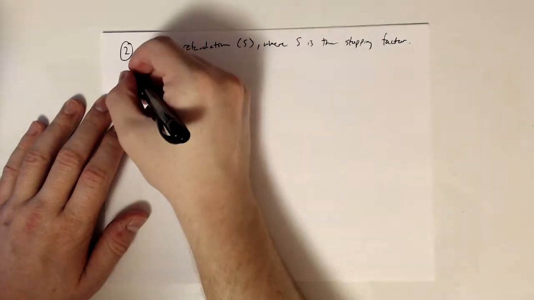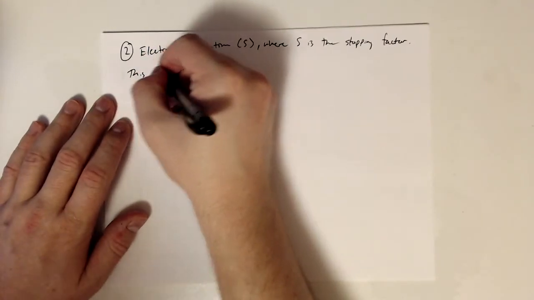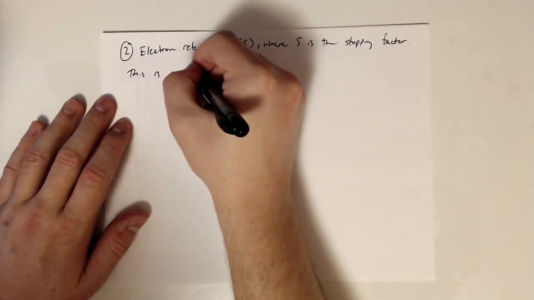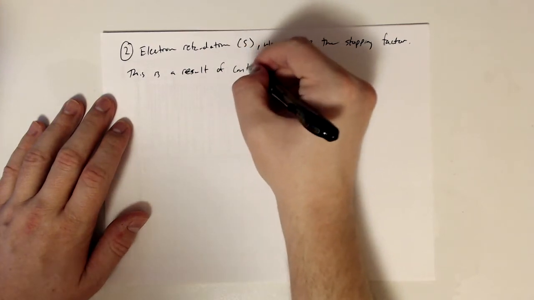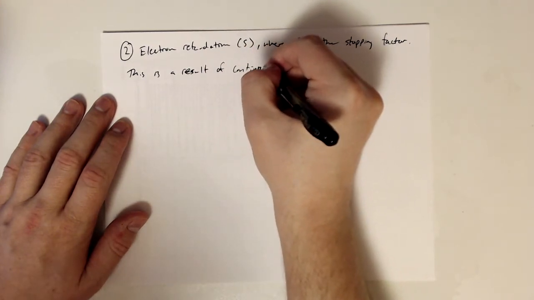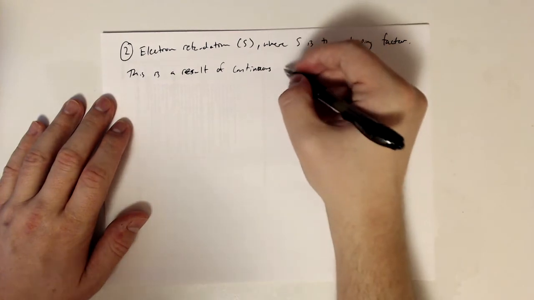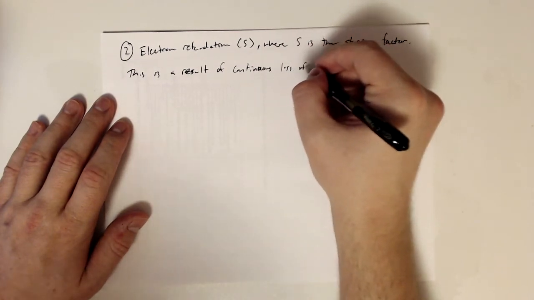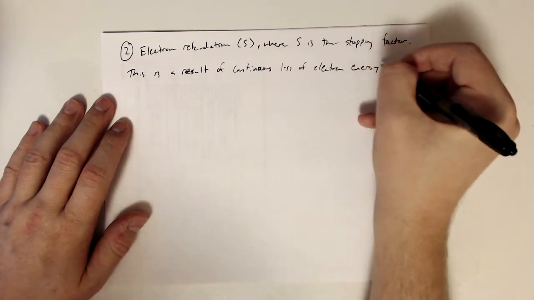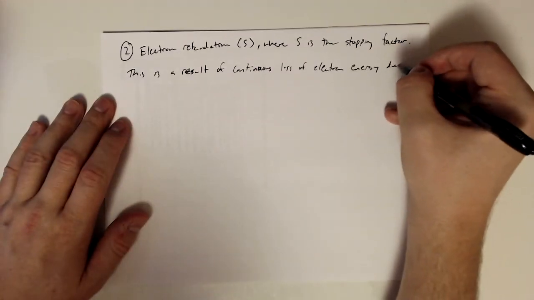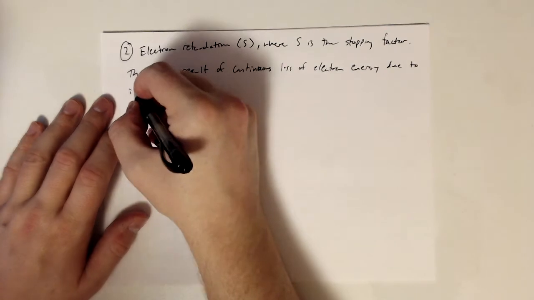So the stopping factor is a result of continuous loss of electron energy due to inelastic scattering.